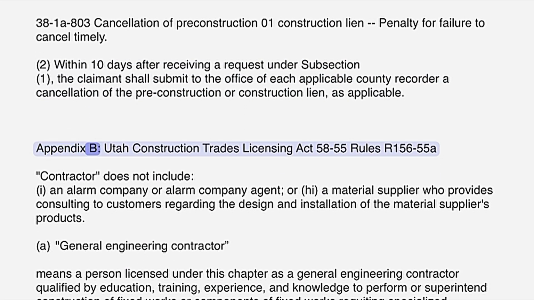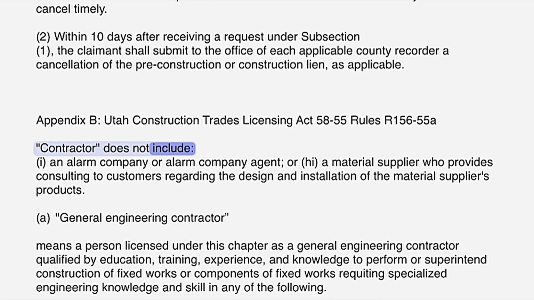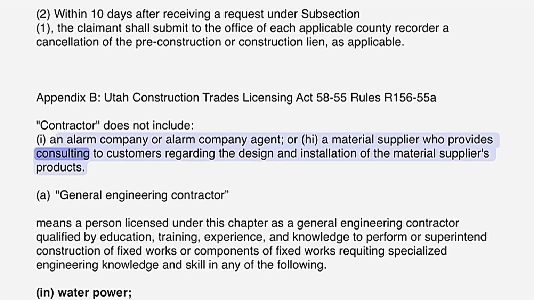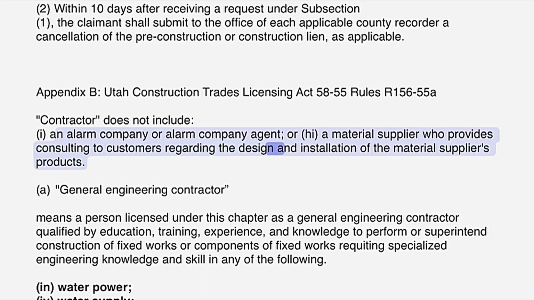Appendix B, Utah Construction Trades Licensing Act, 58-55, rules R156-55A. Contractor does not include: an alarm company or alarm company agent, or a material supplier who provides consulting to customers regarding the design and installation of the material supplier's products.